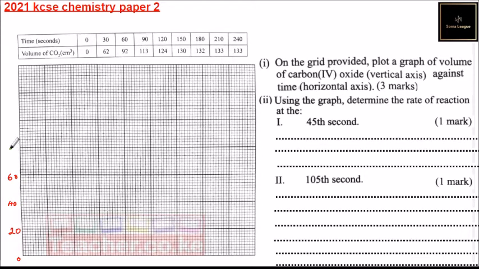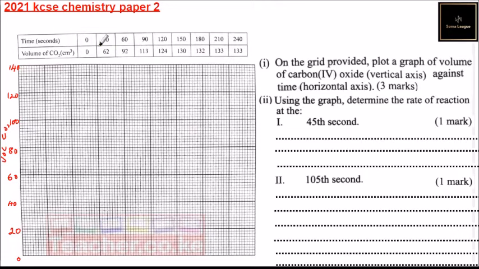The highest value is 133, so that will accommodate that. So this is volume of CO2.